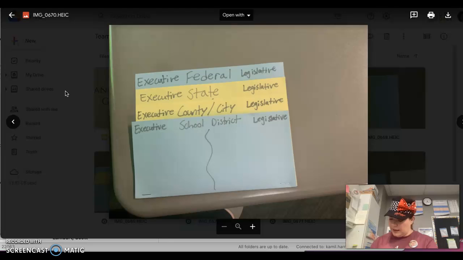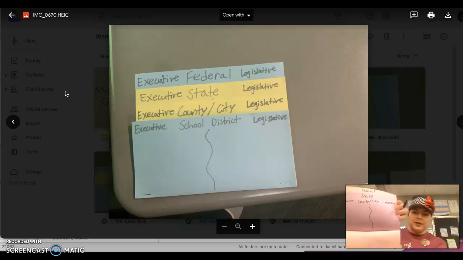And then I'm going to do the same thing with county. I'm going to go legislative, executive. And then I'm going to fold the tab down. And I'm going to draw a line so that it looks like that.